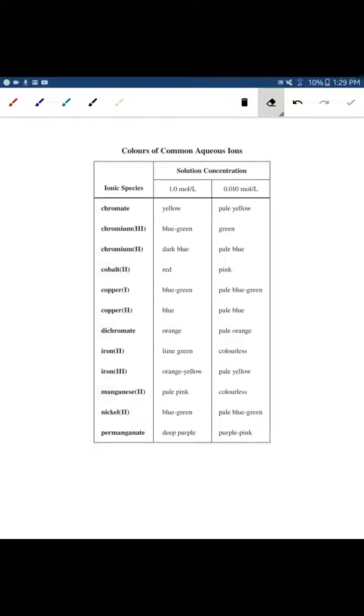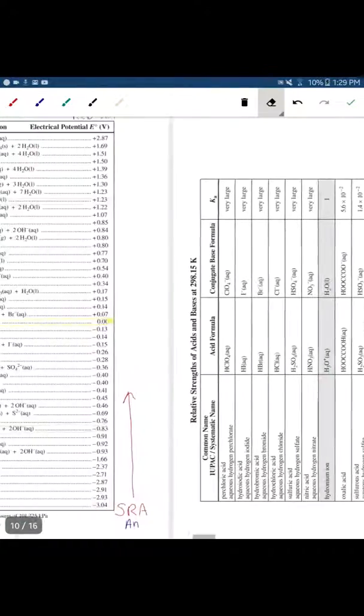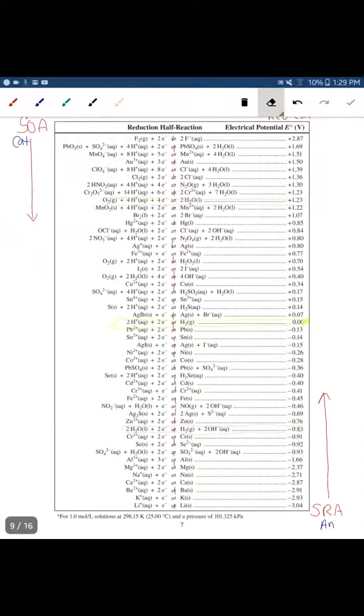Let's just go back for 1 minute to our electrical potential page here, because I do believe I forgot one thing. Don't forget to identify that if your SOA is above and to the left of your SRA, this is what we consider to be spontaneous.